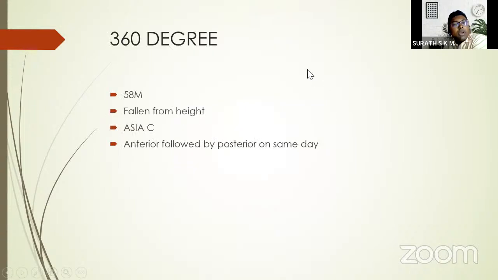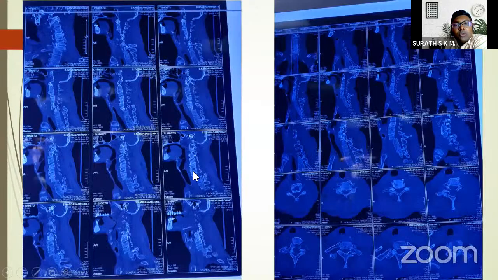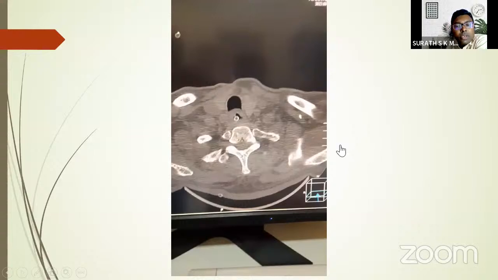Okay. Another case, again 360-degree approach because relatively young, fallen from height and Asia C. So again we did the 360-degree fixation, anterior followed by posterior fixation on the same day. So this is the CT he presented with, C2, 3, 4, 5, 6, 7, 6, 7 dislocation.